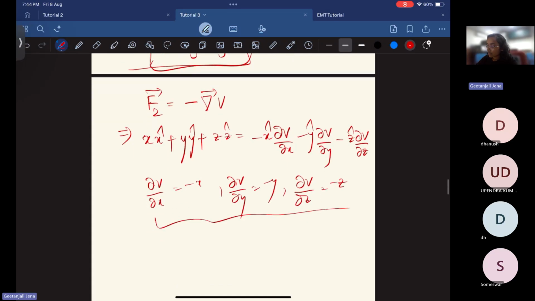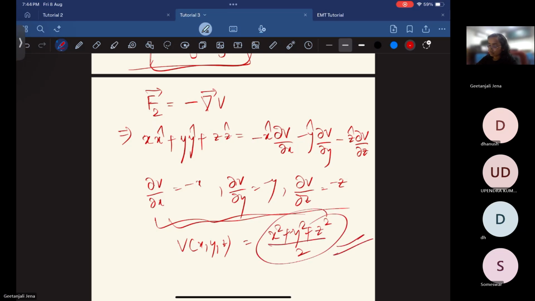So you can guess it here. The value V(x,y,z), you can take (x square plus y square plus z square) by 2, right? So this is how you can calculate it.